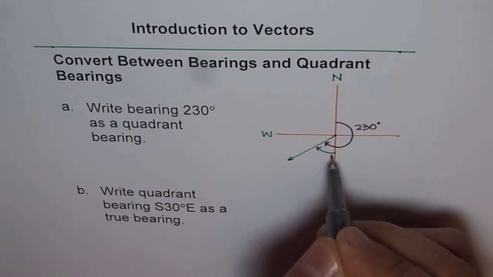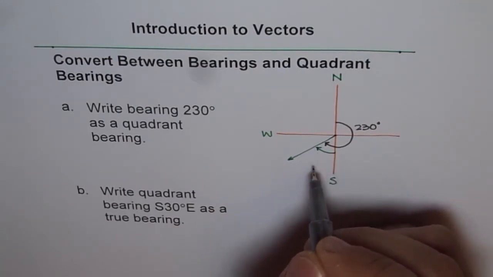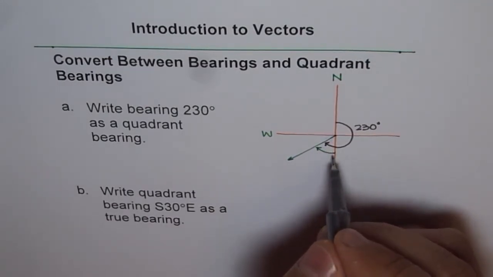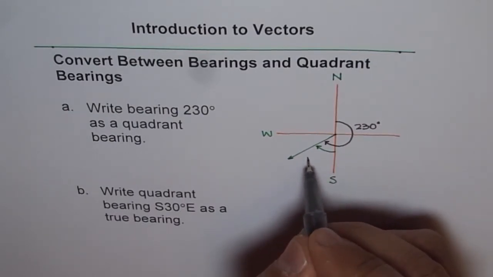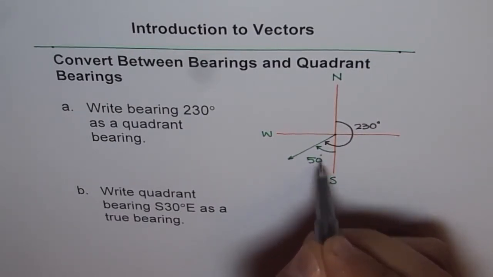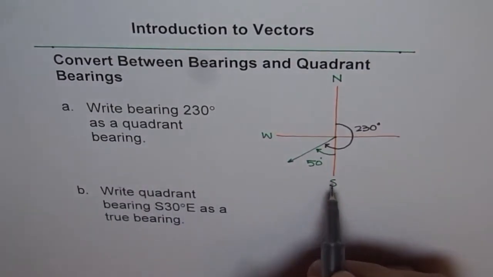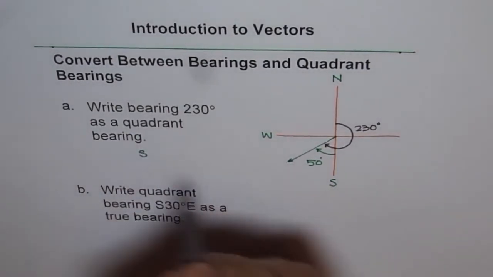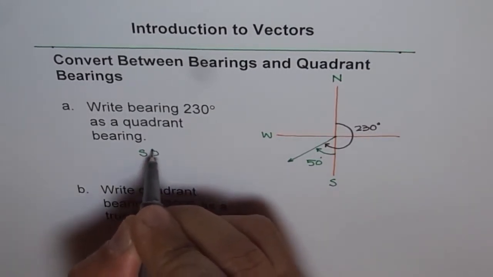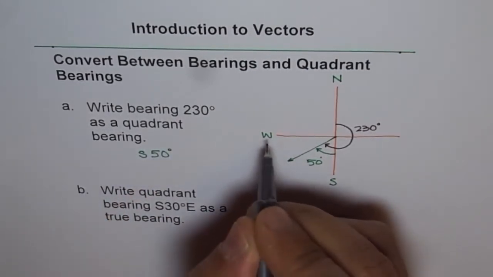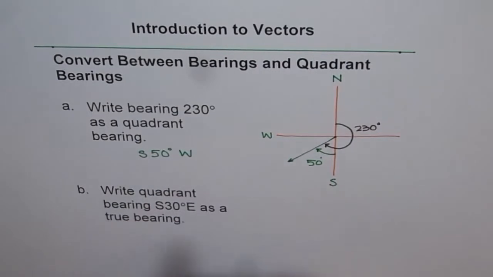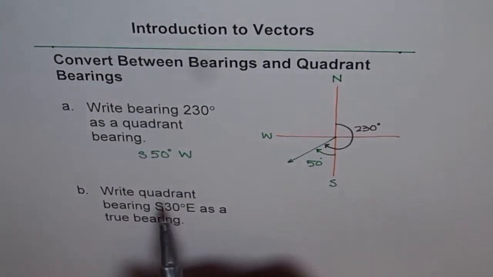From south, it is towards west by how much? 180 plus 50, right? So we'll write 50 degrees here. And we can write this in quadrant bearing form as: from south, it is 50 degrees. In which direction? West. So that is our answer for this.